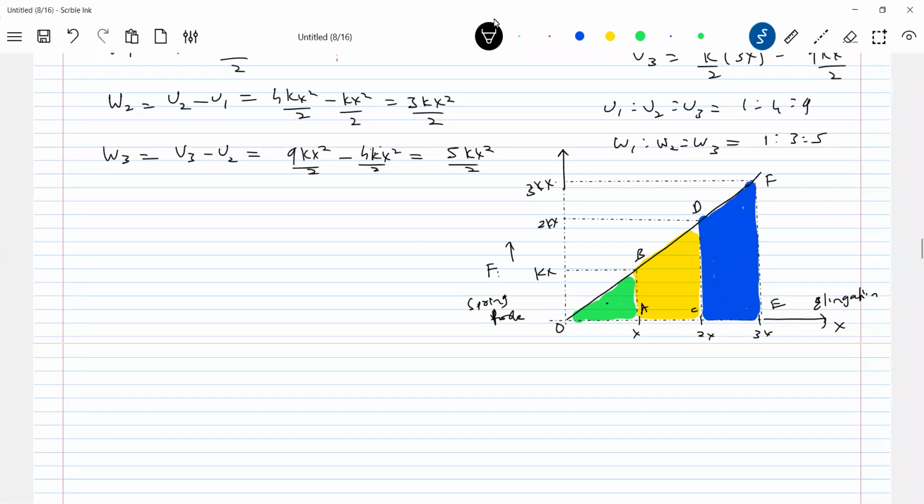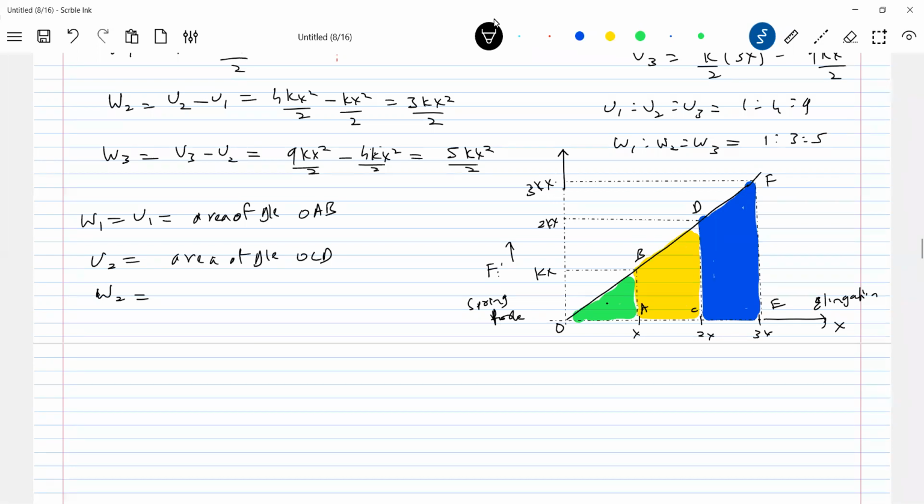What is W1? The area of this F-x graph will be the work done. Can you recollect? So W1 equals U1, equal to the area of triangle OAB. What about U2? Area of the bigger triangle OCD. So what should be W2?